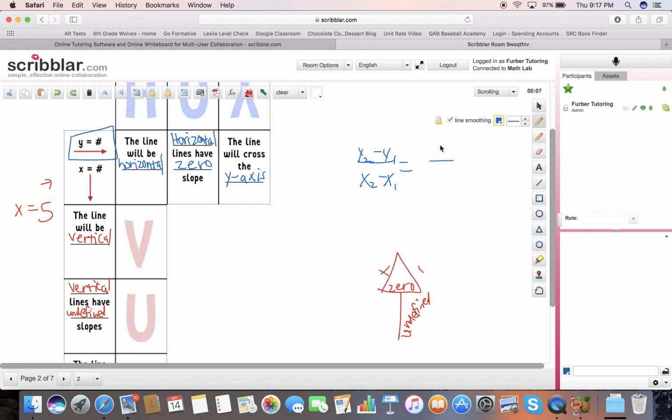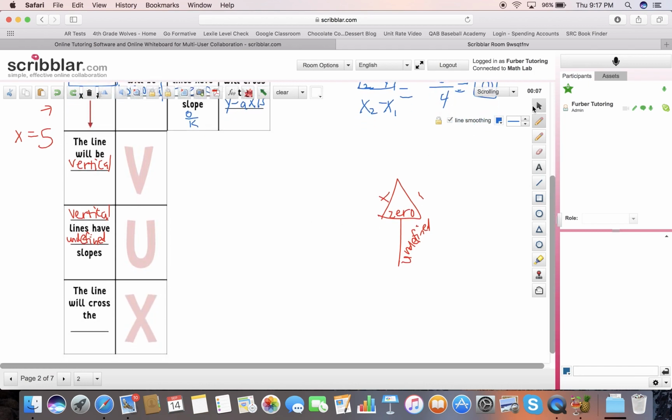If the numerator has a 0 in it, 0 on top is okay. Like in the word okay, I'm going to put the O on top. 0 divided by anything is just 0. And the moment you have a 0 in the numerator, you know this is a horizontal line because it's going to have a 0 slope.